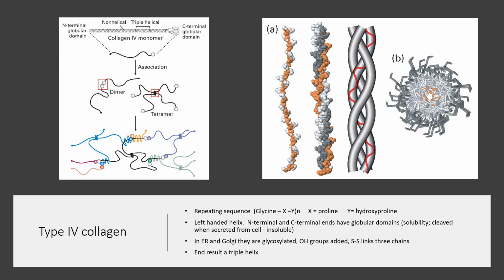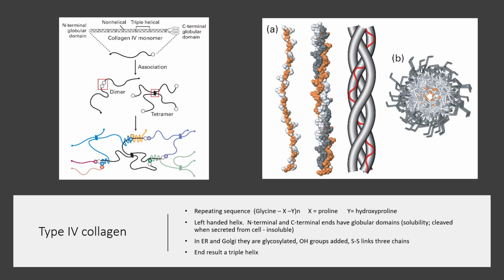So talking about type 4 collagen, like other collagens, it is composed of a repeating sequence containing glycine-X-Y, where X is proline and Y is generally hydroxyproline. The resulting molecule is a left-handed helix.